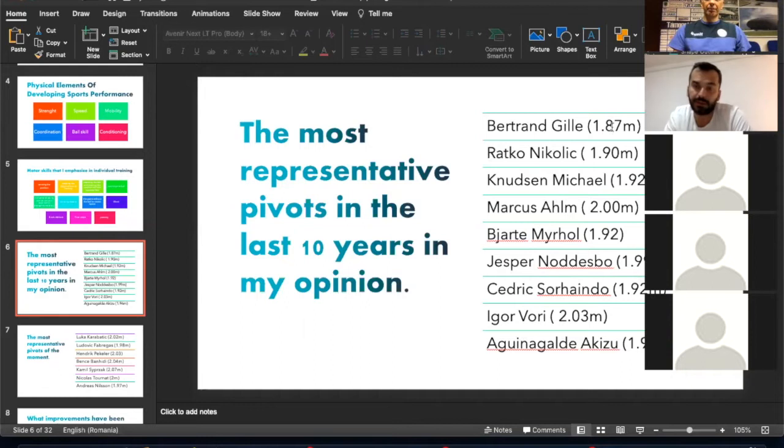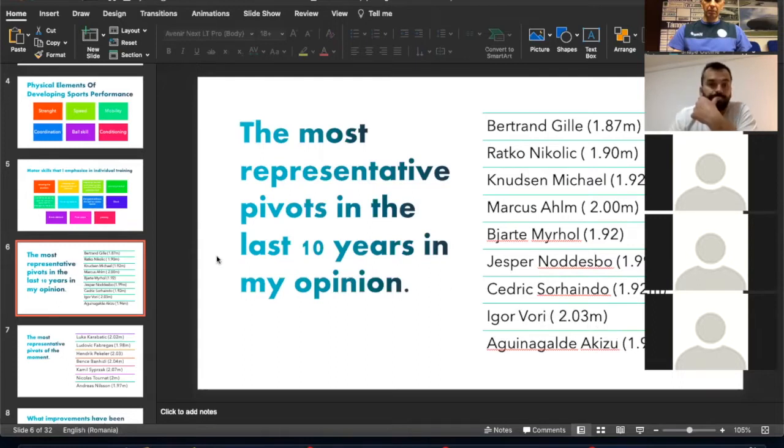And I put here their height. If you can see, they are like 190, 194, 192, something like that. Only 2 or 3 examples: Marcus Alm, about 2 meters, Nødesbo 199, and Aginagalde 2 meters.